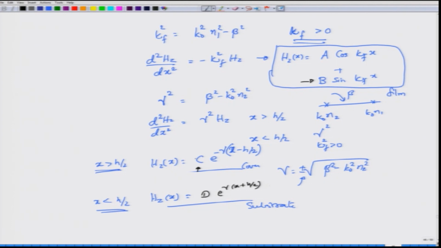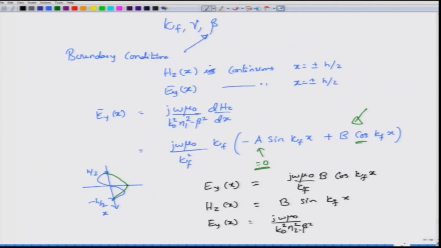Okay. And k0 square n2 square minus beta square is basically minus gamma square. So, there is a minus sign on both sides. So, I can remove this one, and then instead of writing this k0 square n2 square minus beta square, I can just write this as gamma. Okay. So, this is when x is greater than h by 2.